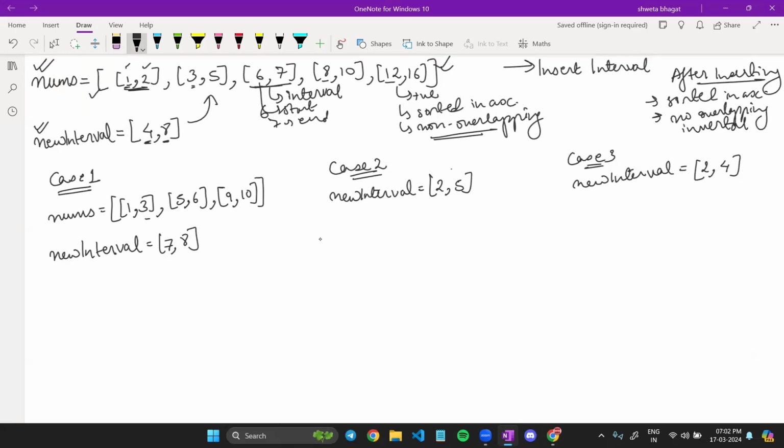So what do I mean? It means that once we have inserted this new interval, nums should remain sorted in ascending order as it was earlier, and it should be non-overlapping.